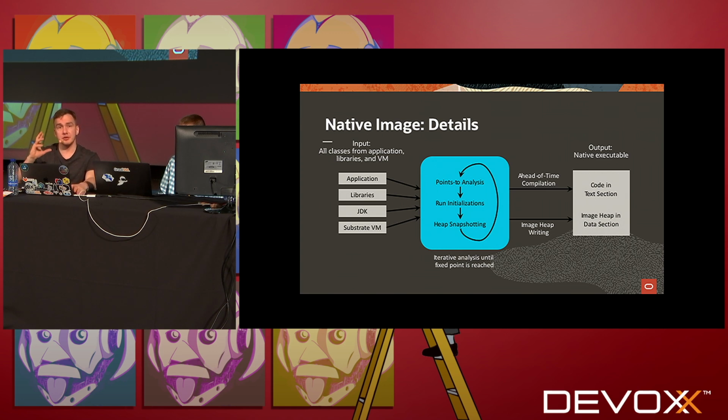And then we snapshot the heap, which means we run your application until a certain point, and then we put a stop to it. Whatever is in the heap, the object graph, gets written into the data section of the native executable. It's not exactly the data section, but it is written in the final result.